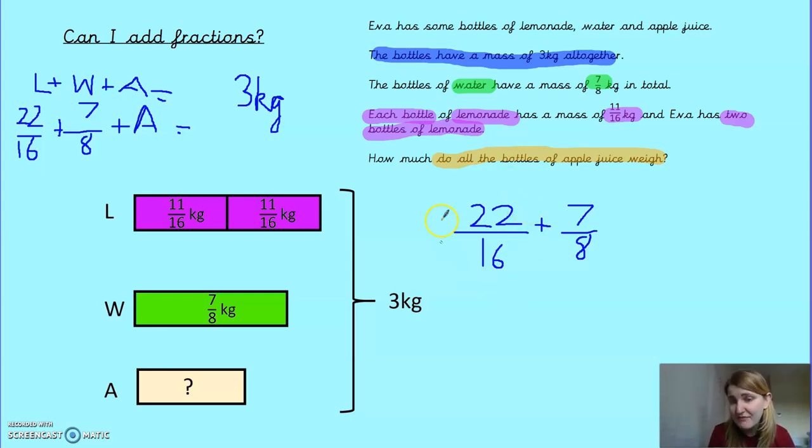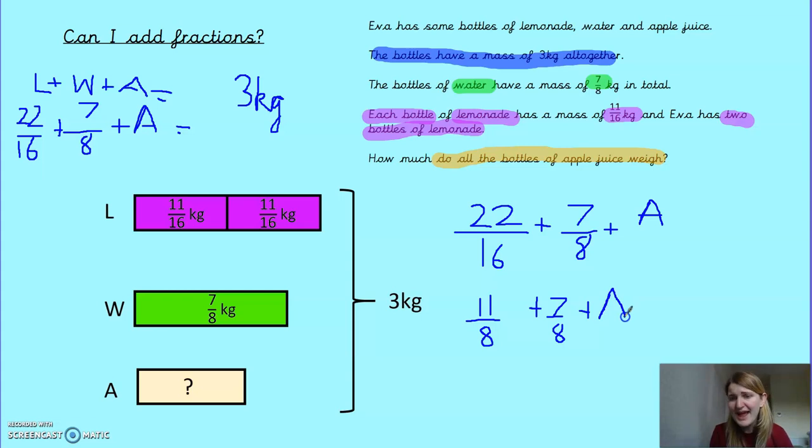To turn 16s into 8s, I could divide by 2, and I could divide my top numbers as well, couldn't I? So 22 divided by 2 is 11, and 16 divided by 2 is 8. So 11/8, add 7/8, add my apple juice, all equals 3 kilograms.